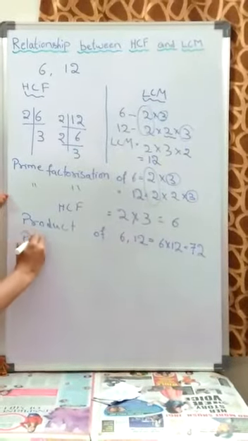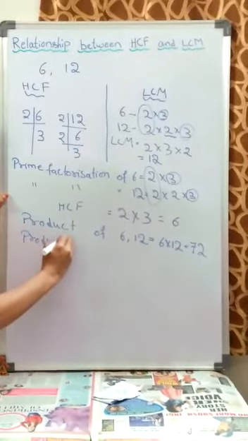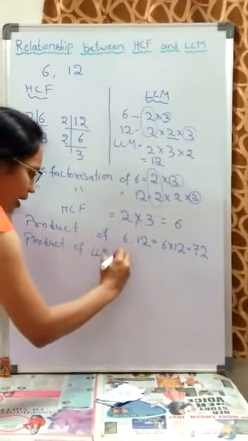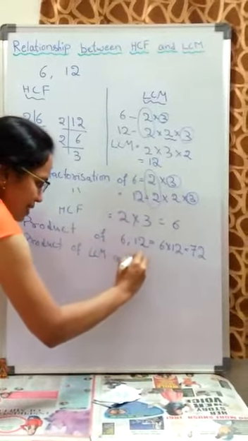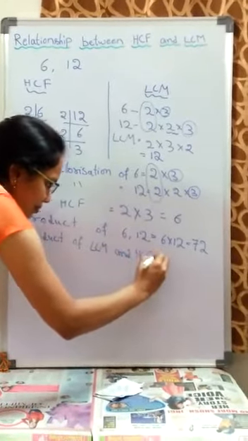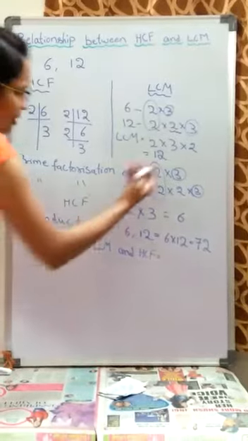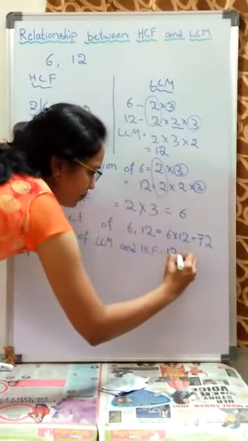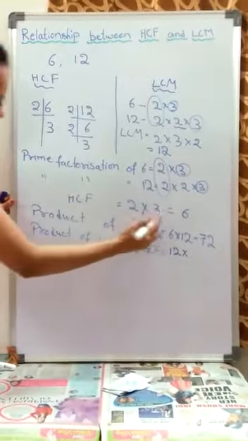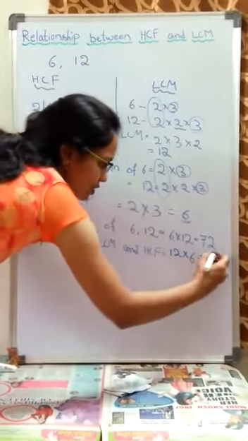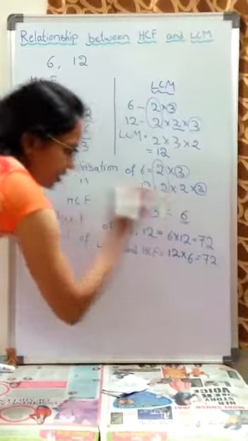Now I am going to find the product of LCM and HCF. The value of LCM we got is 12, into the value of HCF, which is 6. So 12 into 6 is nothing but 72.